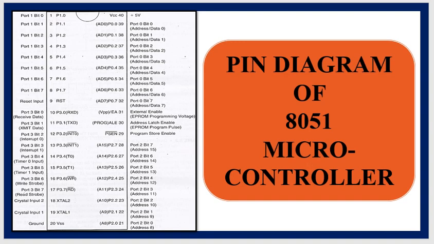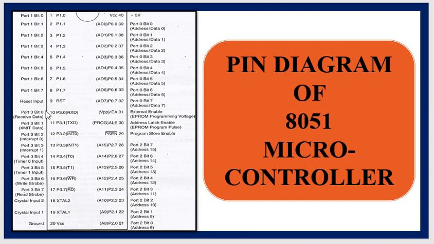We are going to see only a few pins. First and foremost, pin number 1 to 8, that means P1.0 to P1.7. These pins are configured as input or output.